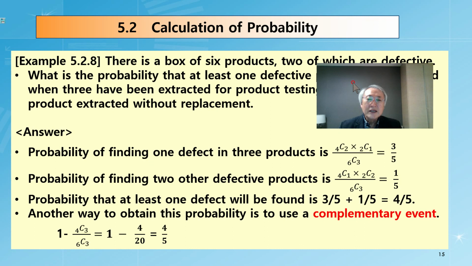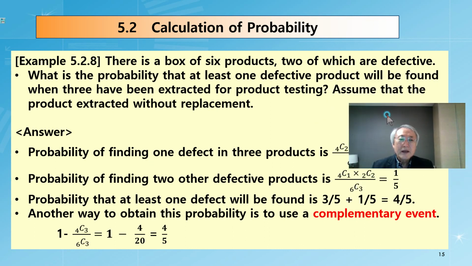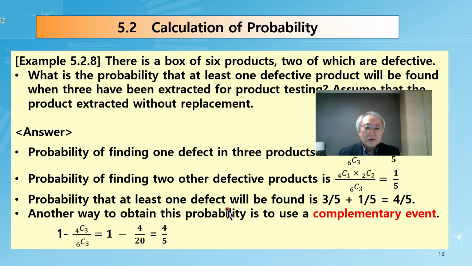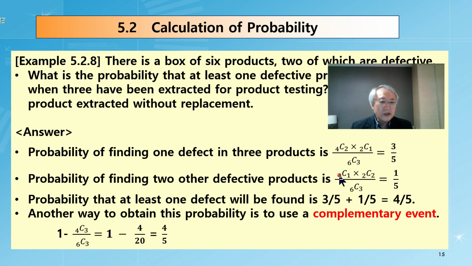The third one is the probability of at least 1 defect. Maybe you can say addition of these 2. Okay, this is finding 1 defect, finding 2 defects. The addition looks like this.